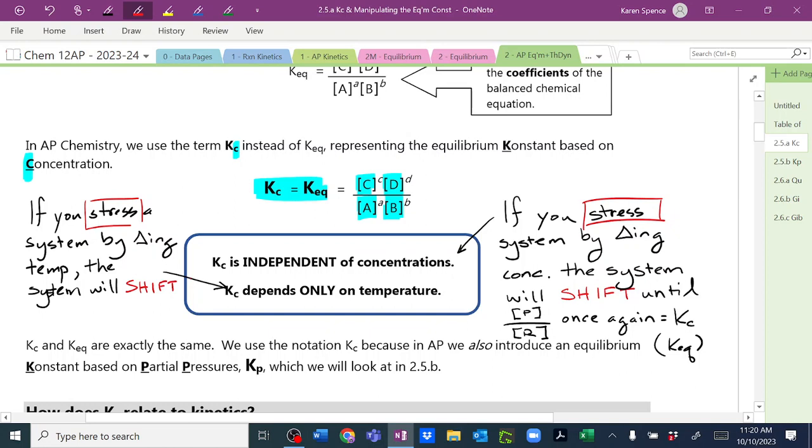And the ratio of products to reactants will change.